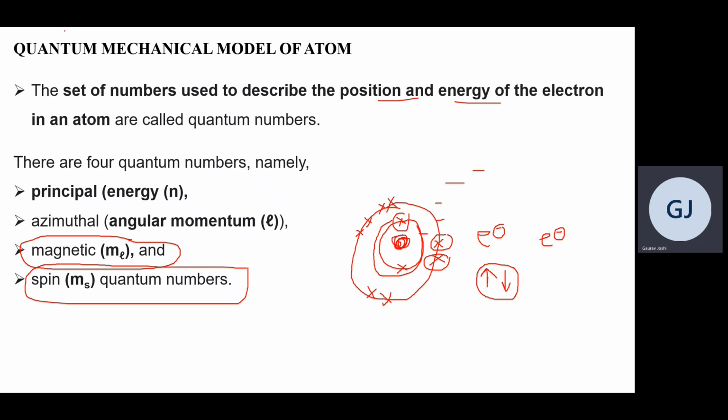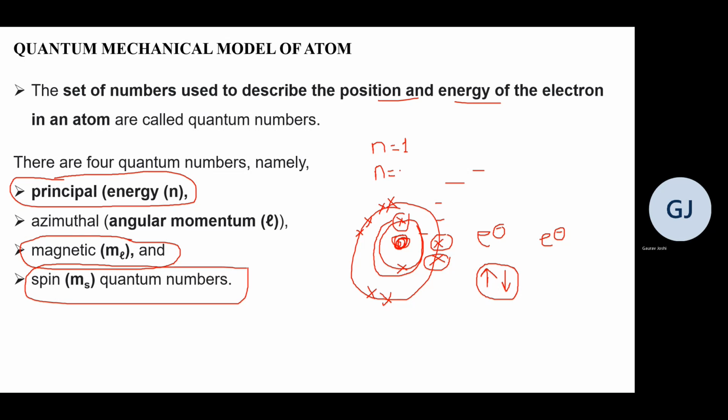Now, we have already discussed the principal quantum number, which defines the energy. We were discussing the cells, so if n equals 1, it will have higher energy than n equals 2.